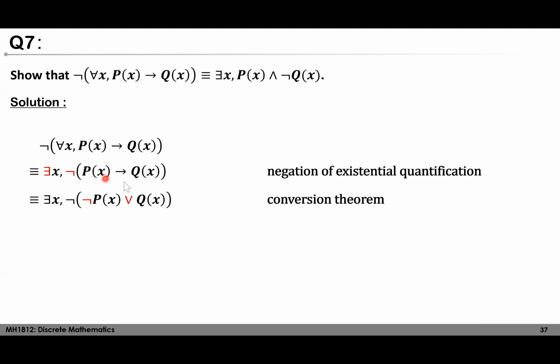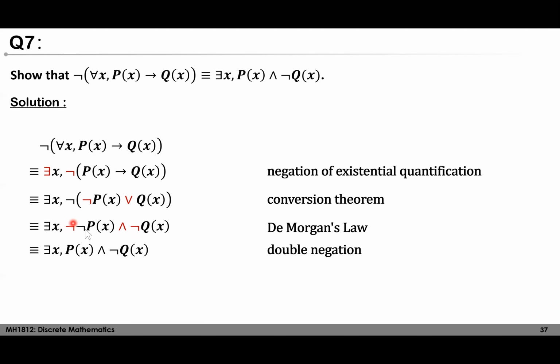Then this conditional proposition can translate to the negation and disjunction form, using the conversion theorem. And then we have negation of disjunction, and according to De Morgan's law, we get the conjunction of two negations. And by the double negation, we cancel this double negation. So we get the result.